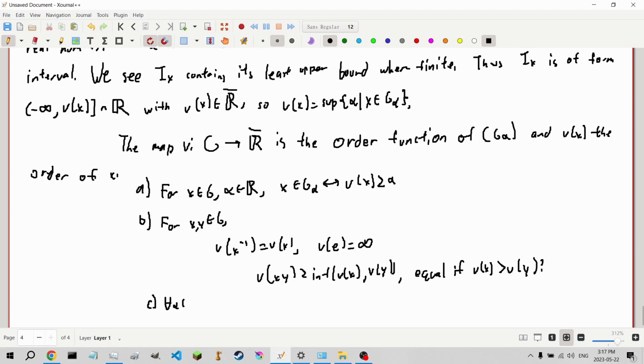For all alpha in the reals, let G_alpha be the set of x in G such that V of x is at least alpha.